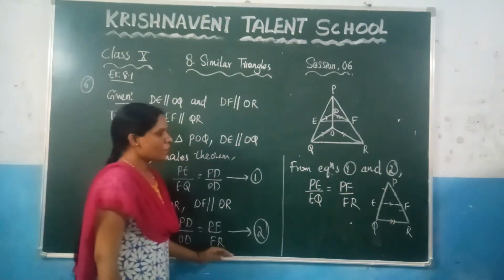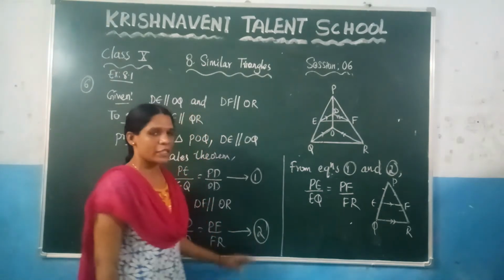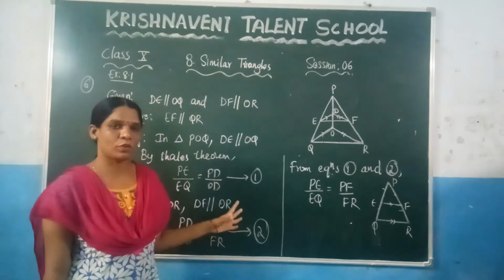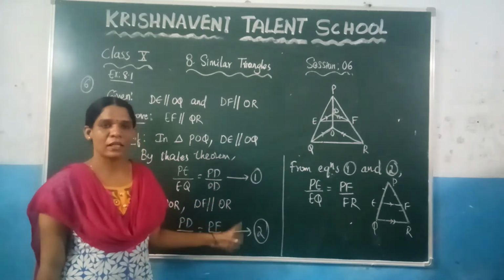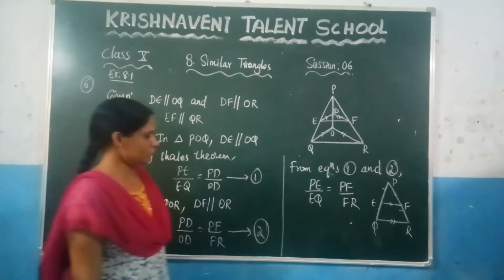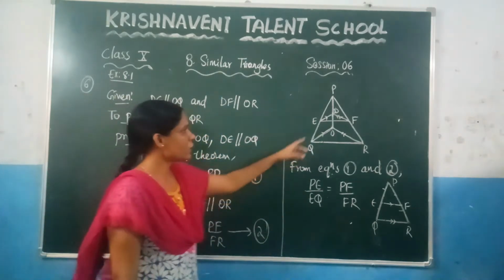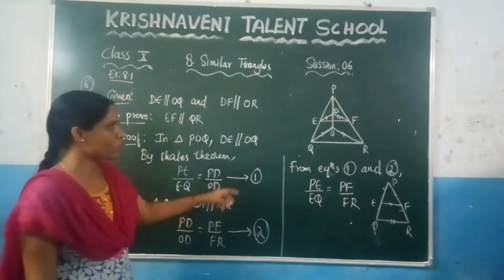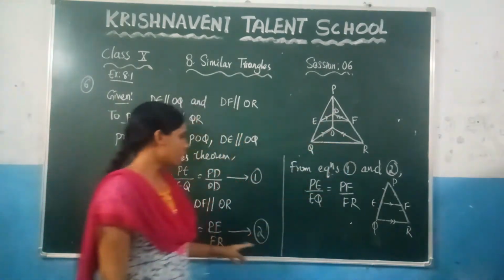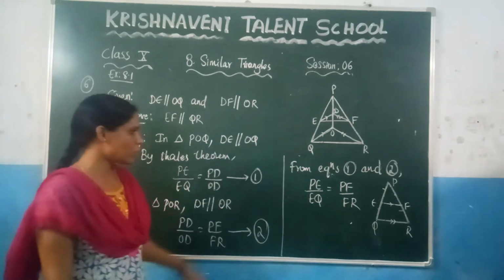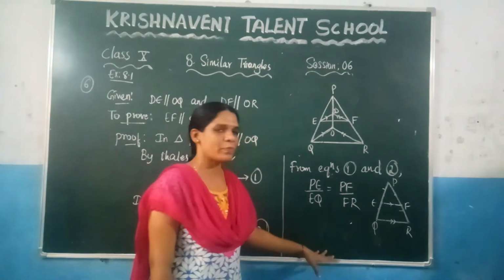So first, if you are given any problem, you need to check which triangle you need to choose by the given condition. If you can choose the triangle, then you can easily solve these kinds of problems. So if you consider this triangle, you get this equation, and similarly if you consider the triangle PQR, we get this equation, and after equating these two equations, we got PE by EQ is equal to PF by FR.